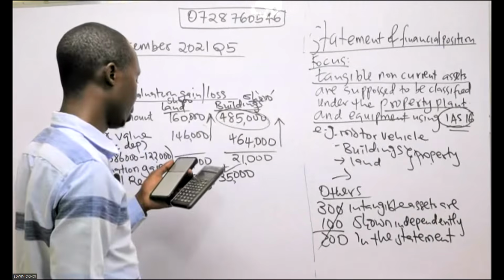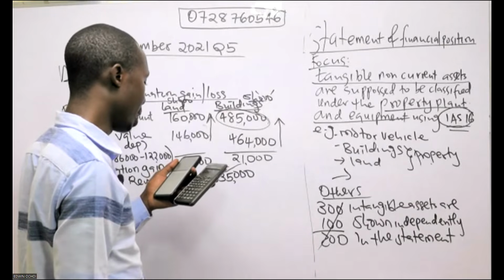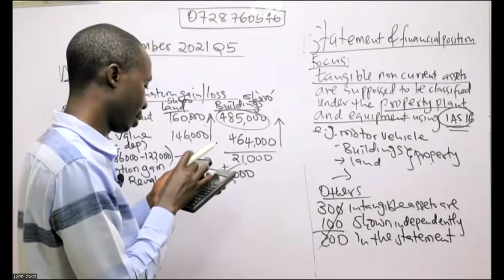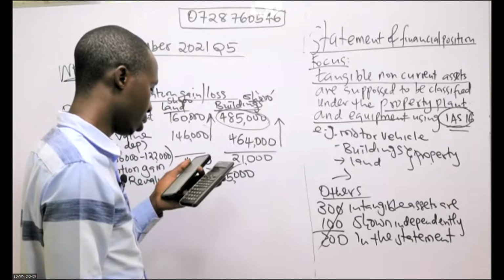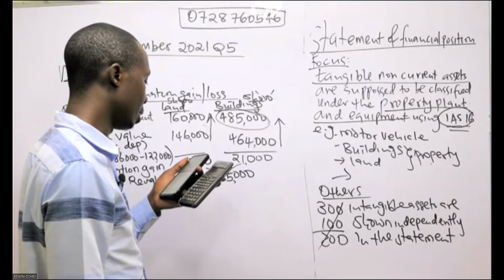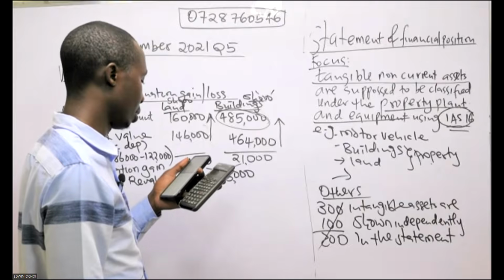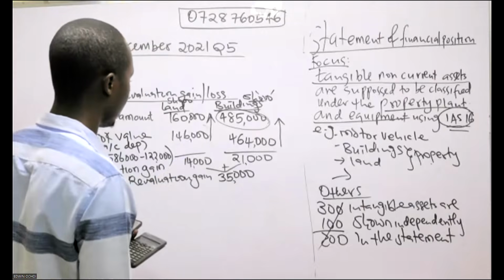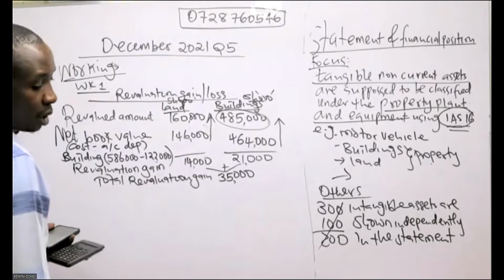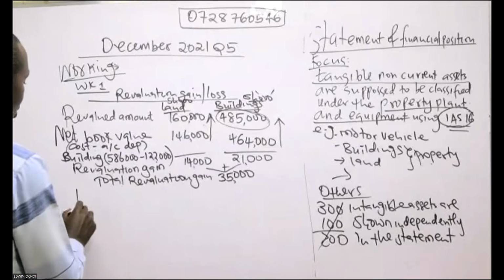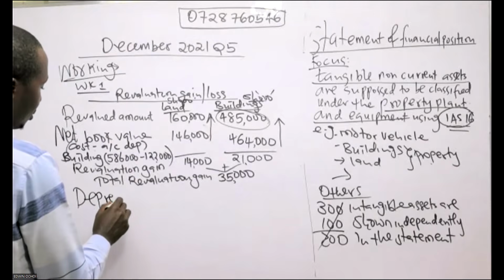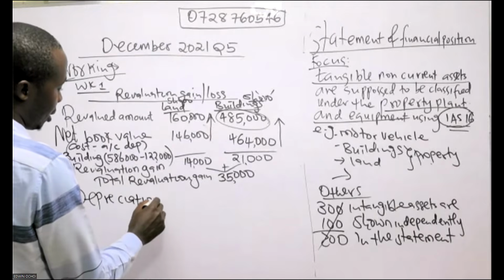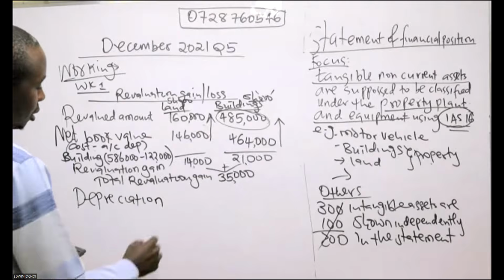Then they went ahead to say the remaining life of the building as at that date was 25 years. If you are given the remaining useful life, you go ahead and determine what? Depreciation.